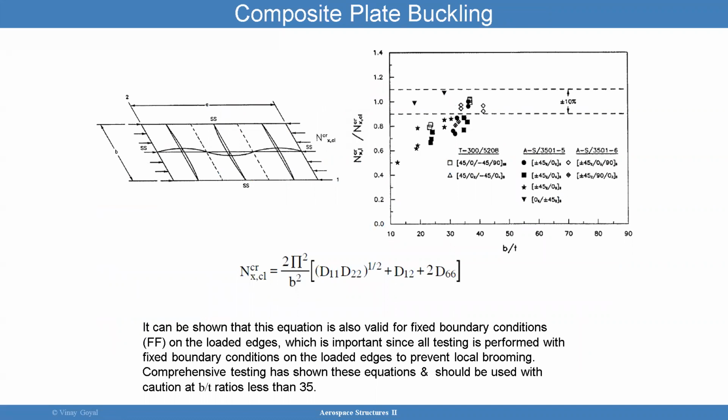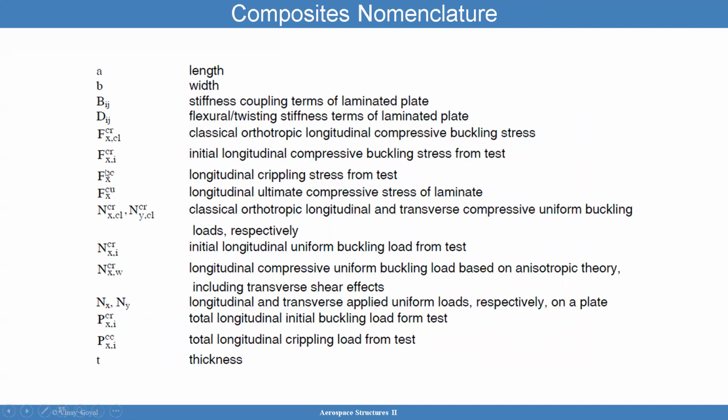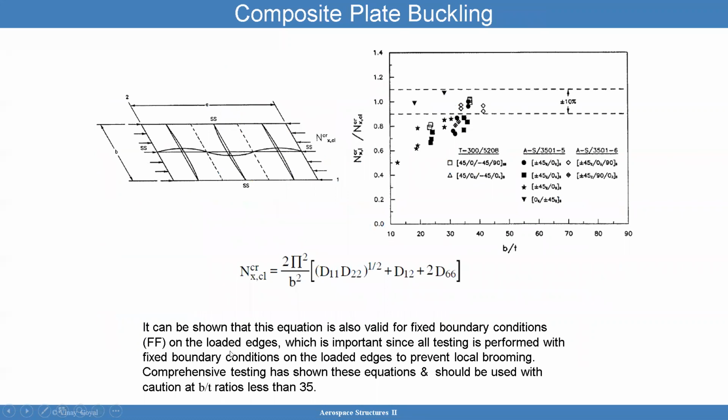And then here I have a list of variables that are used in the Composite Mil Handbook 17, and it provides a number of expressions that you can use for predicting buckling of a composite plate. Here you can also see experimental data being shown, and it's very neat that you can basically use this formula.